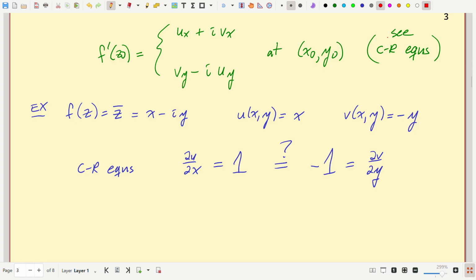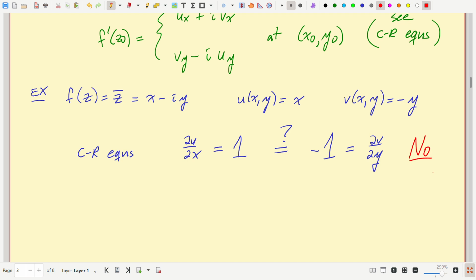And so that's a big fat no. So the first Cauchy-Riemann equation fails. The second Cauchy-Riemann equation would be du/dy, which would be 0.